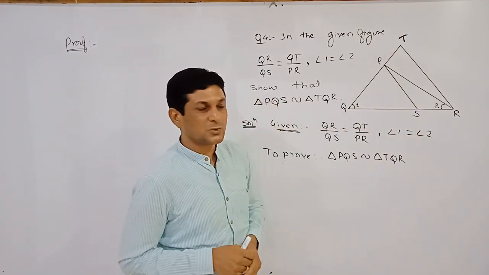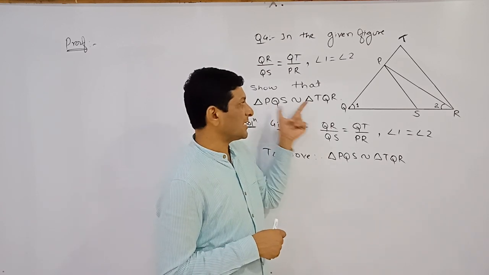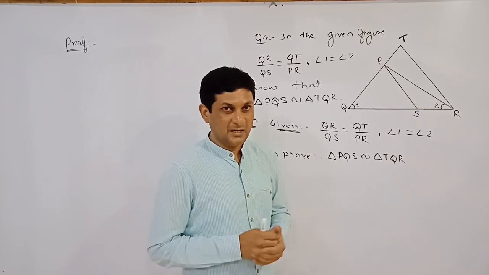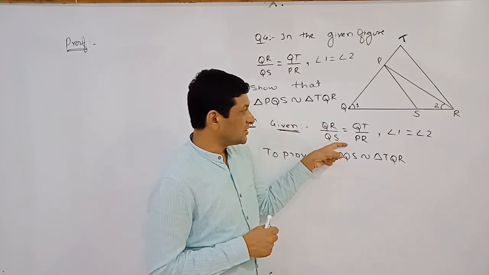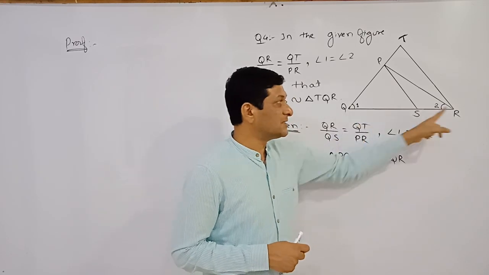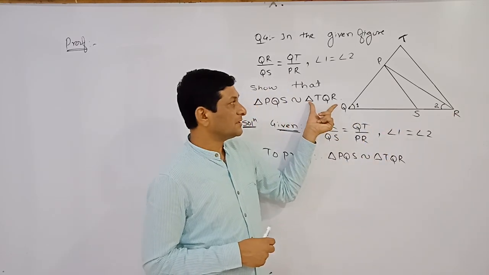If we observe these two triangles, we can say that in these two triangles, angle Q is a common angle. Again, here this condition is given to us, QR upon QS. QR is the side of which triangle?